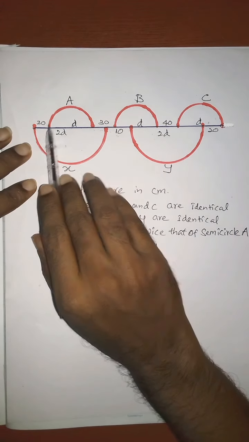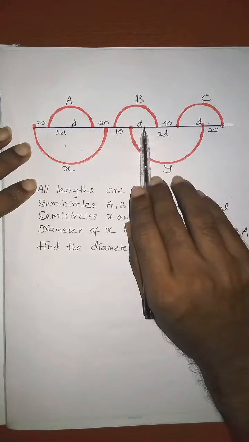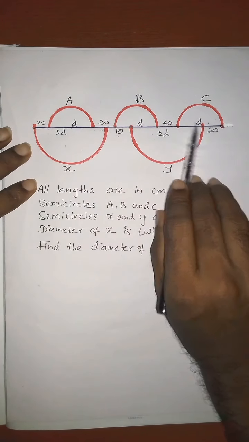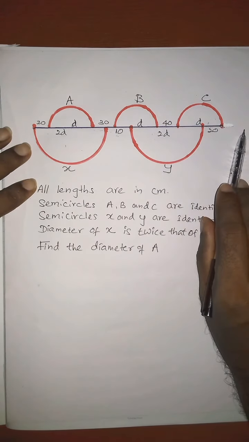Above the straight line, 20 plus d plus 30 plus d plus 40 plus d will be the length of the straight line.